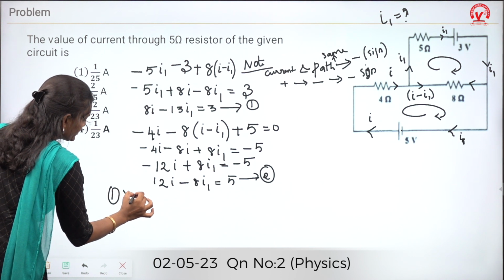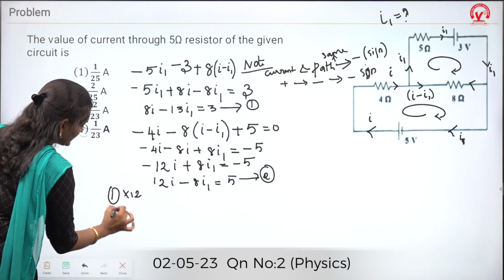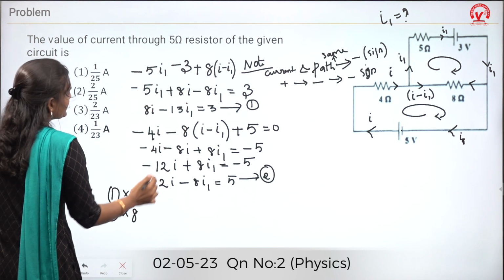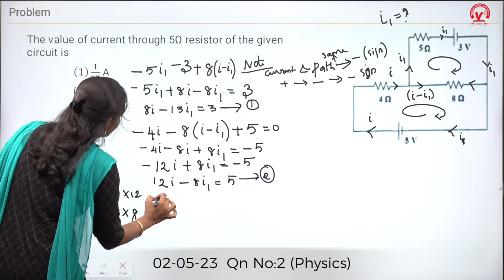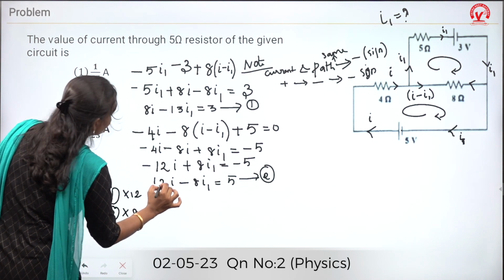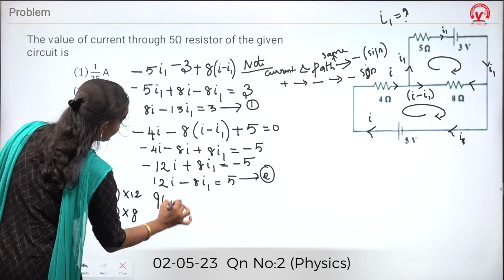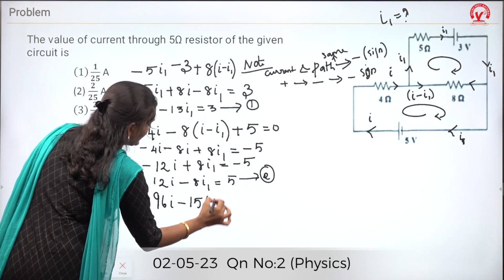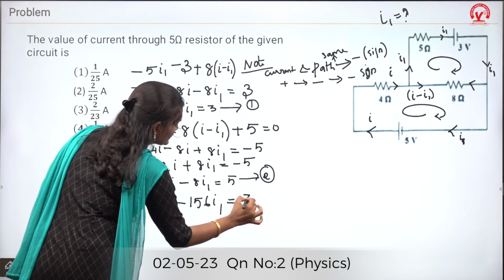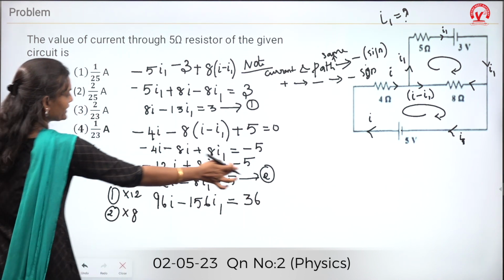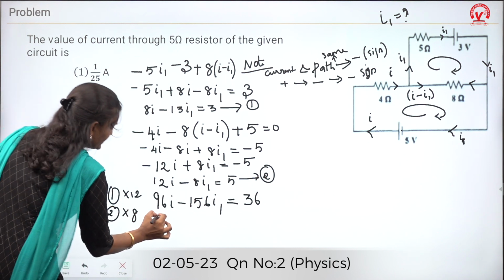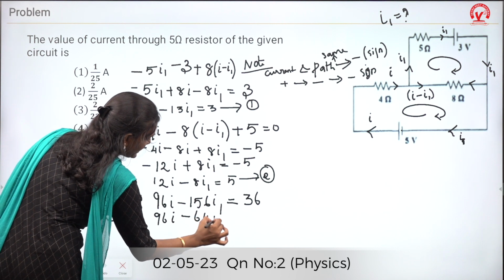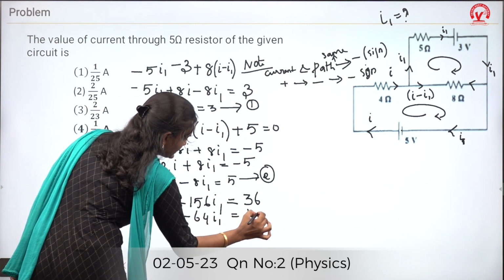Equation 1 into 12, we will get 96I minus 156 I1 is equal to 36. And multiply equation 2 into 8: 96I minus 64 I1 is equal to 40.